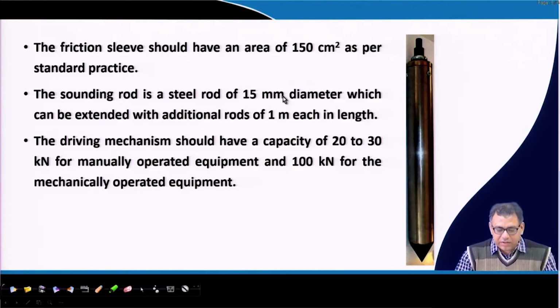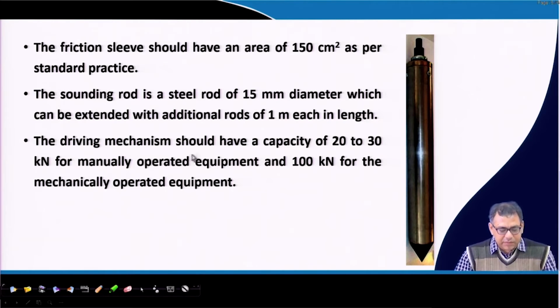The sounding rod is 15 millimeter in diameter. Generally the length is 1 meter each, but we can extend the length by attaching additional rods, as I mentioned. So, this is the rod, you can attach another one, and then you can go up to the required depth.